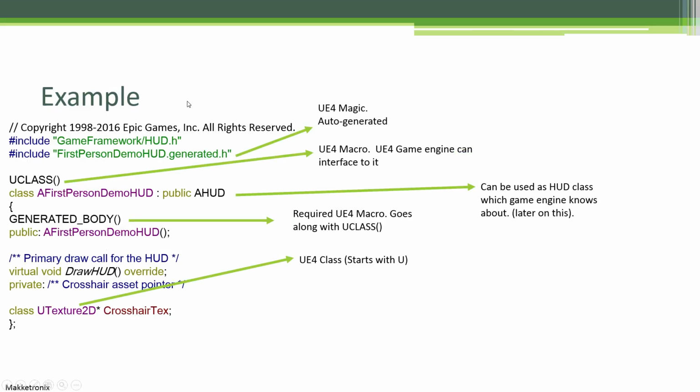Here is an example for the first-person demo, which I got from creating a new file. When you do that, you notice that there is a macro called UCLASS and a macro called GENERATED_BODY, and there's a header file called something.generated.h.